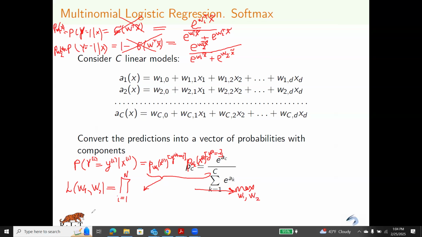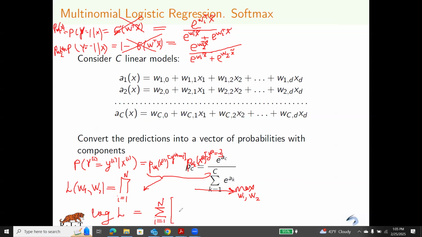Then we take log likelihood, log of this L. The product becomes the sum, the logarithm of product is the sum of logarithms. And under the sum, again, we'll have the log of product, and I will split this into sum of two logs.